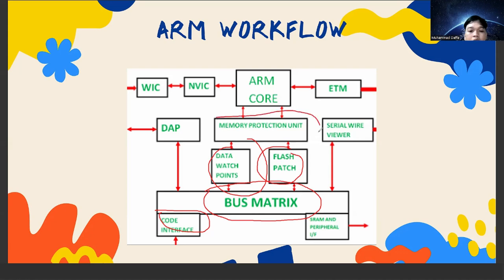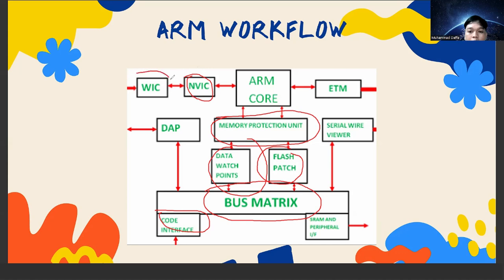The memory protection unit ensures that data access to memory is done with the correct permissions. The MPU also prevents memory access violations by programs. And NVIC, or Nested Vectored Interrupt Controller, handles the prioritization and distribution of interrupts received by the hardware.